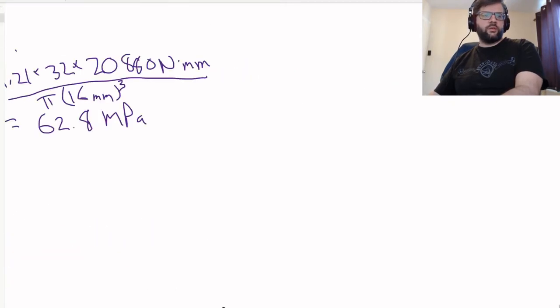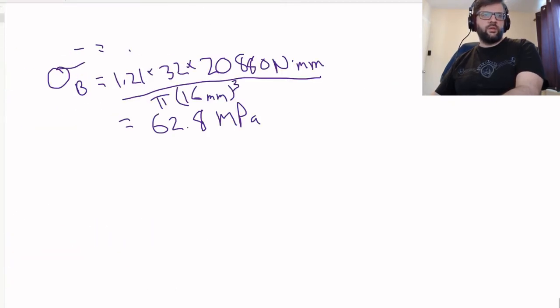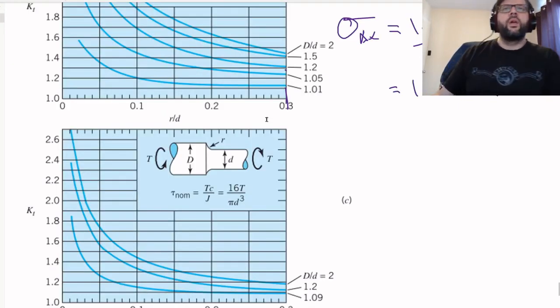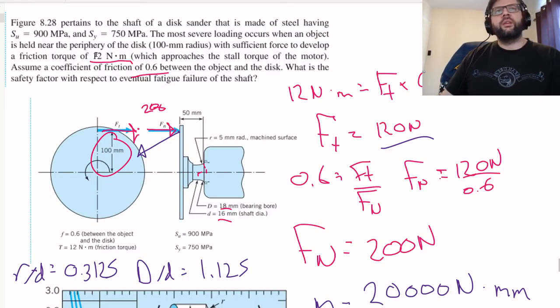So again, I'll stick that down here. And then we got our torsion. So the torque that's generated again is the 12 Newton meters.